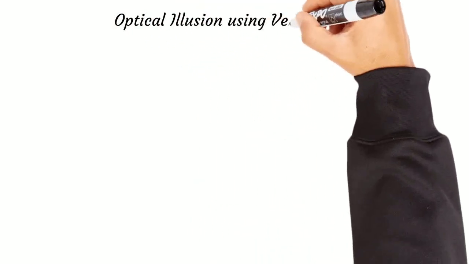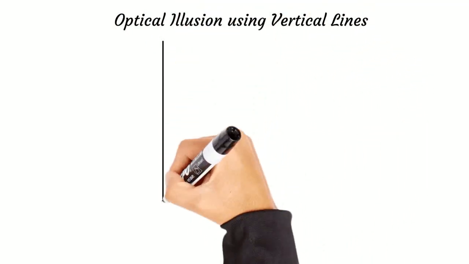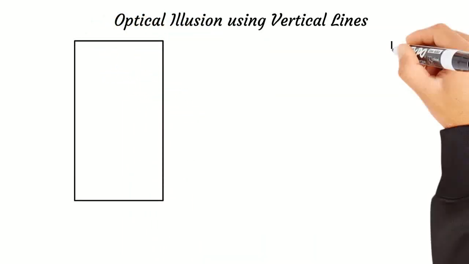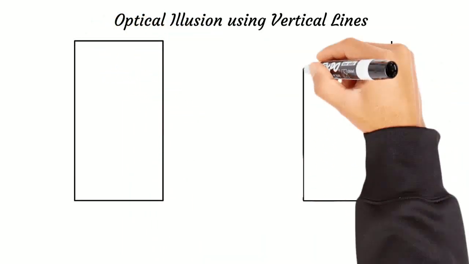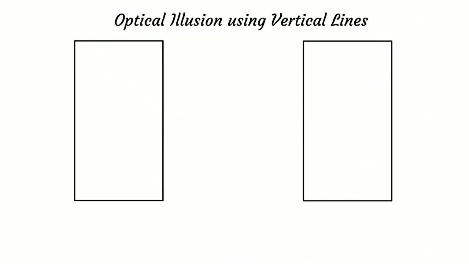Let me give you an example of optical illusion that can be created using vertical lines. We have drawn 2 rectangles of same size side by side. Now, if we draw a vertical straight line from the middle of the rectangle at our right side, what optical illusion can this create?